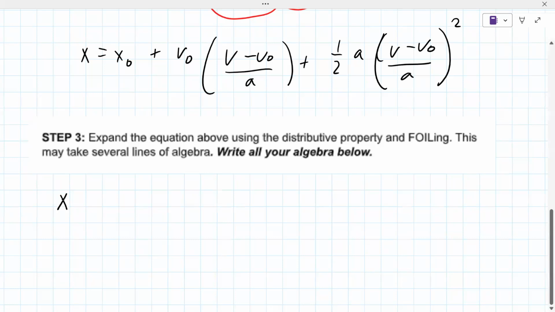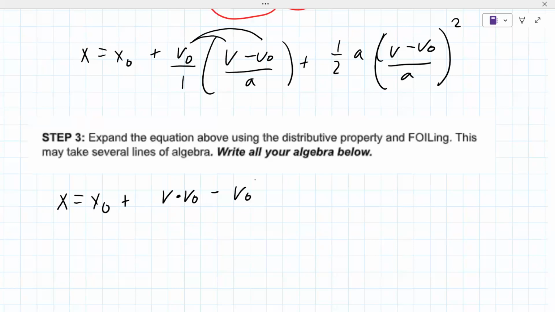So just looking here, x equals x0 plus. The v0 only multiplies the top, because it's v0 over 1. So it's v times v0 minus v0 squared, and then it's all over a, but I'm going to write them both over a for the moment.